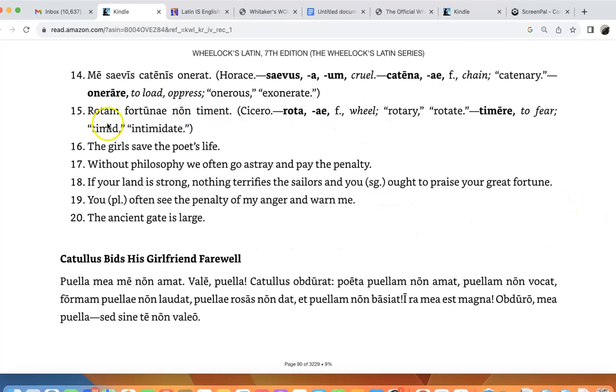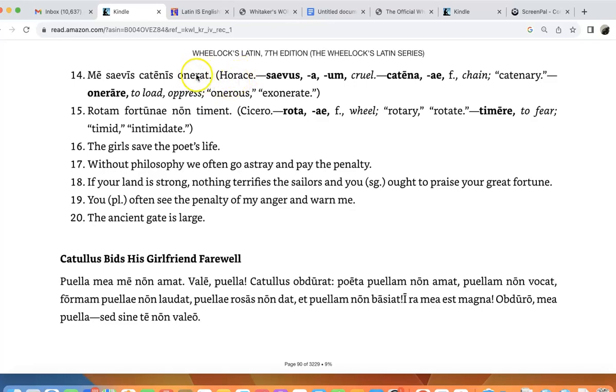We'll just do a couple more here. Onerat, something is onerous. It bears a burden on oneself. So what do we got here? He oppresses me. This one's a little bit trickier. Catena means chain, and then saevis. So he oppresses me with cruel chains.